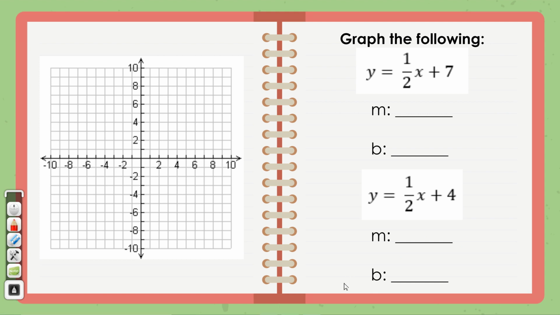Example 2. Start by graphing your lines. Identify your m and b. The slope is 1/2. The y-intercept is 7. It's already a fraction, so leave it. Go ahead and try graphing this.